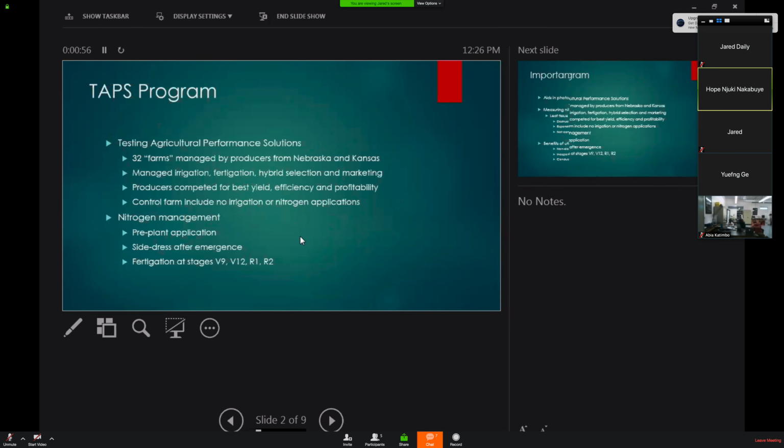So the TAPS program was developed to use producers, actual farmers in Nebraska and Kansas, to test new types of management practices on simulated farms.